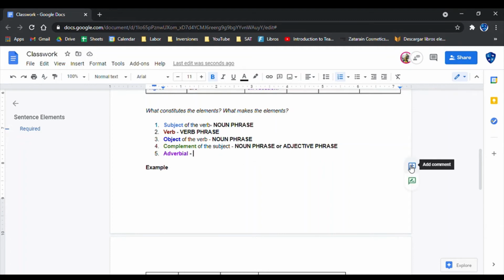And now we reach the adverbial. The adverbial can be two things as well. The adverbial can be an adverb phrase or a prepositional phrase.